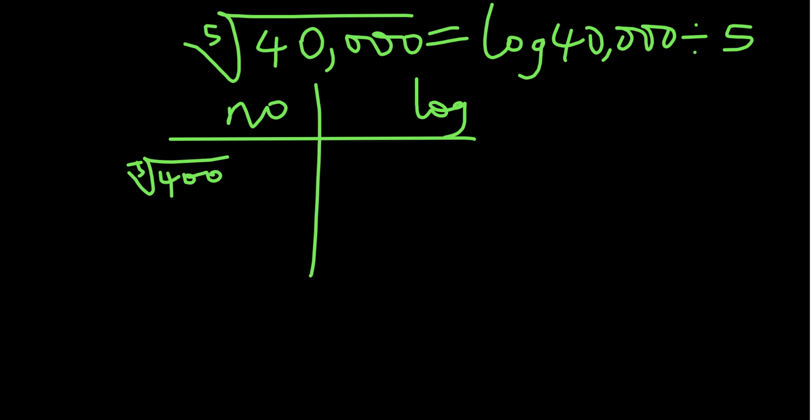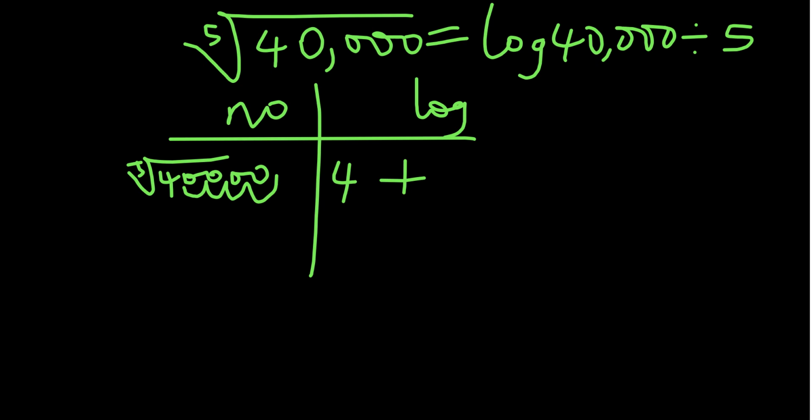In this case, you may want to check where to place your standard form. So you move your decimal 1 2 3 4, so you have a characteristic of 4, and you want to combine this with a mantissa value.